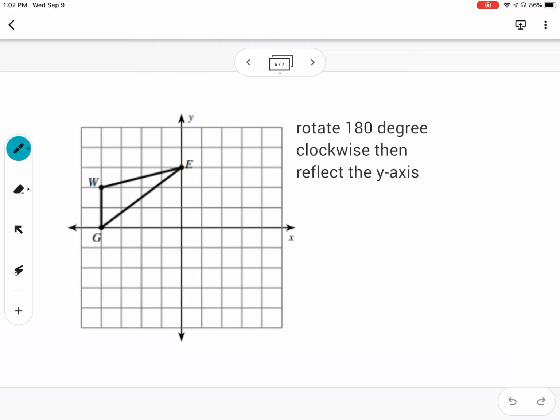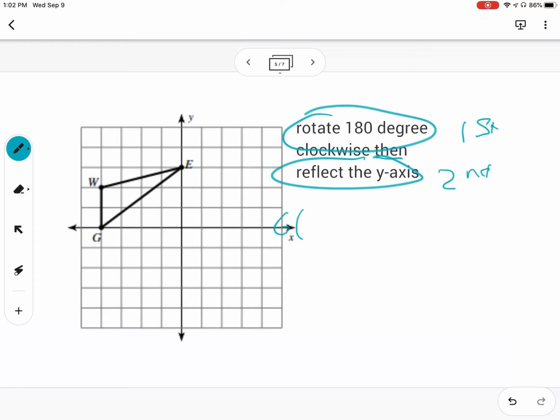Okay, so this one, instead of a little formula, they gave us a little blurb. It says rotate 180 degrees clockwise, then reflect the y-axis. So since it says then, that means we do this first and do this second. All right. So what I'm going to do is write down my points. So I have G here at negative 4, 0. I've got W at negative 4, 2.